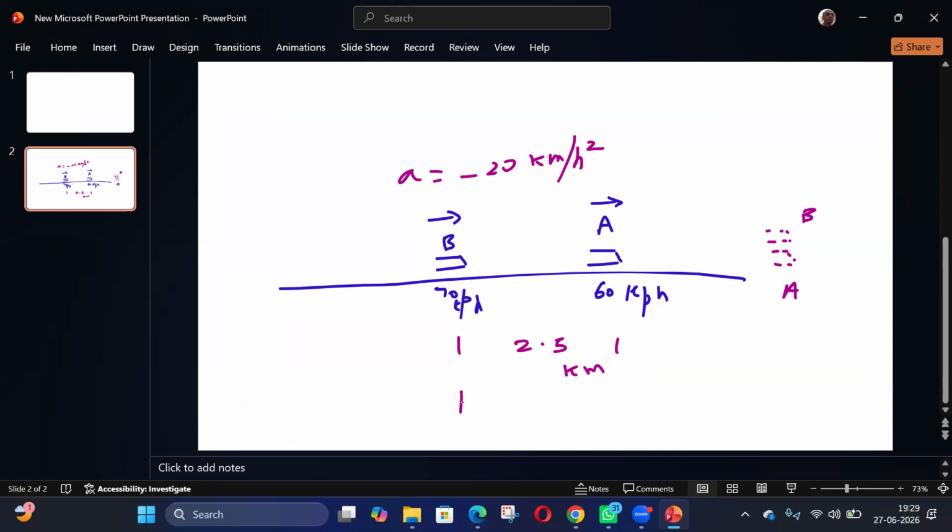If we take this as the origin of the x-axis, the displacement of B when it is catching up will be equal to the displacement of A plus how much? This will be in kilometers.